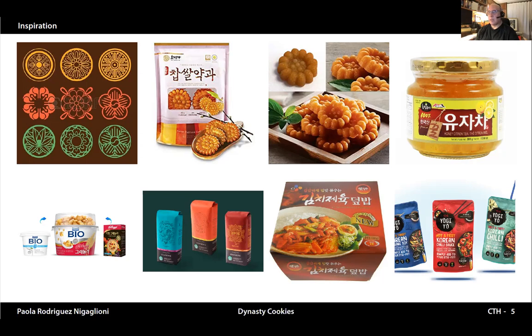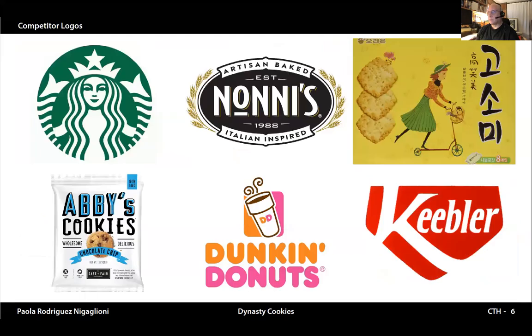You're going to grab things that inspire you, that are designed by others, that are referenced, that give you visual information about the product and the research you've done. There might be some competitors as well. Competitor logos, you want to see what the consumer sees when they look for your products. You want to see all the stuff that's on the shelf.